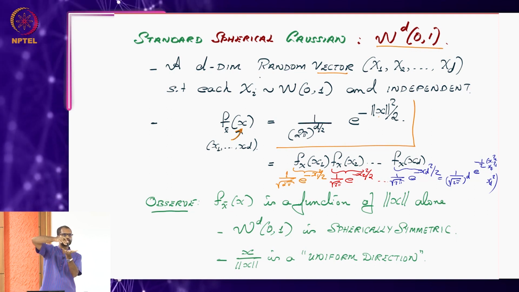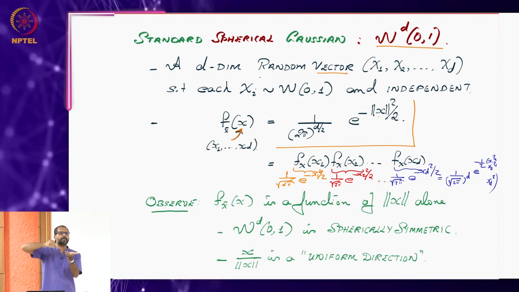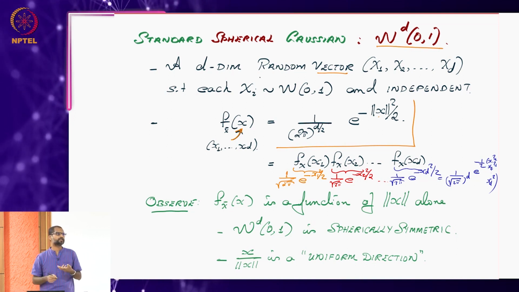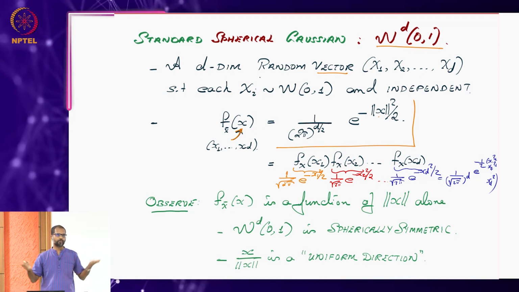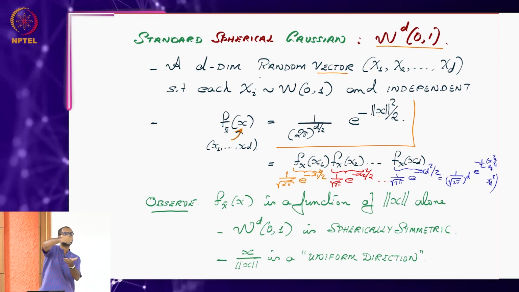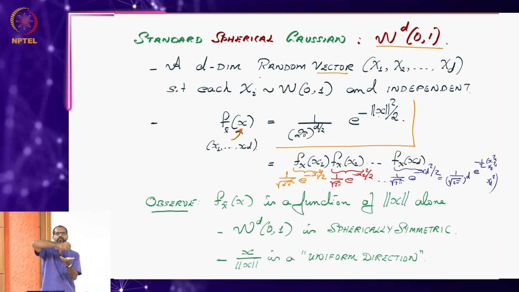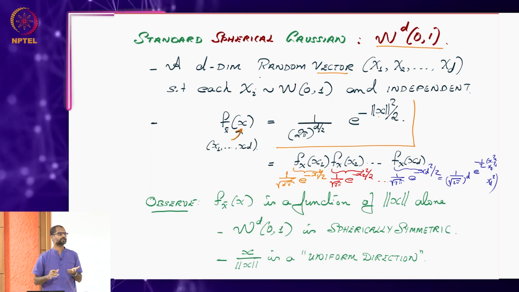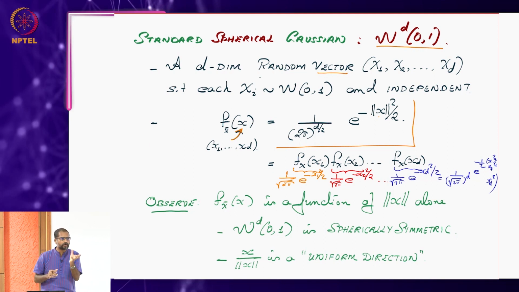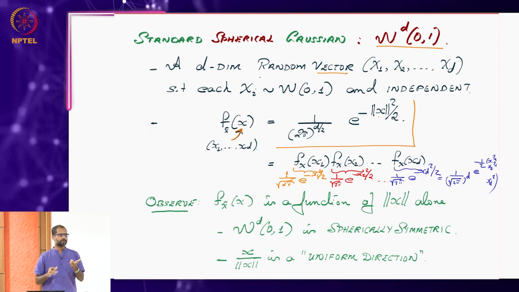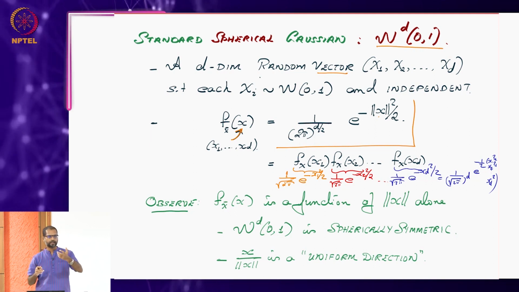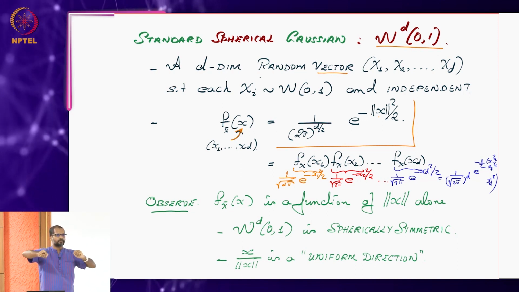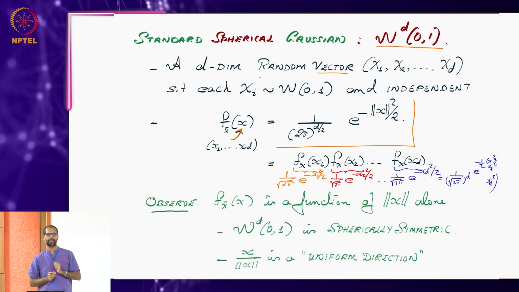Now, look at all the points whose norm is 4 or 2. That would be a circle whose radius is 4 or 2. There also the height of this density is going to be the same. So, there is this circular symmetry that you see. Another way to visualize it is that this bell, if you rotate it around the origin, does not change. It has this circular symmetry.